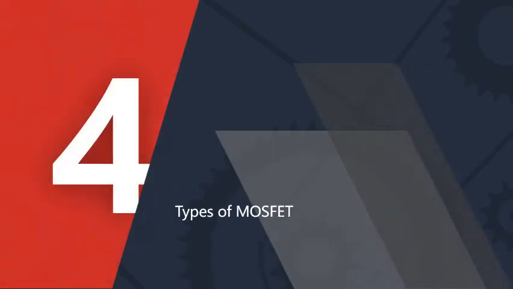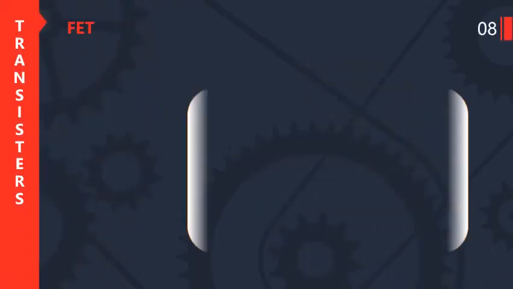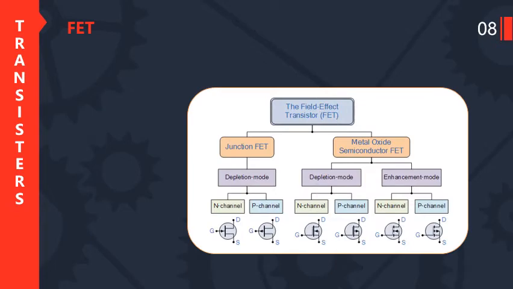The next is types of MOSFETs. So the field effect transistor, in short FET, is broadly classified into 2 categories. First one is a JFET and second one is a metal oxide semiconductor field effect transistor.